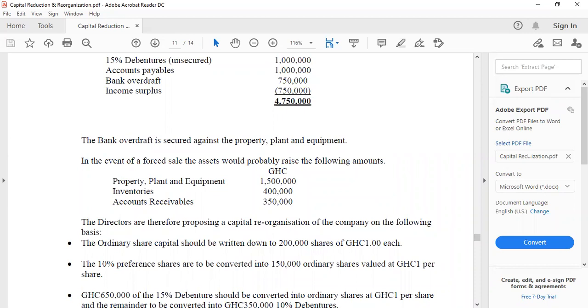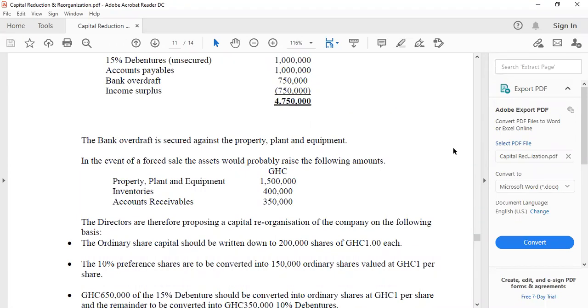The directors are therefore proposing a capital reorganization of the company on the following basis. The ordinary share capital should be written down to 200,000 shares of 1 cedi each.